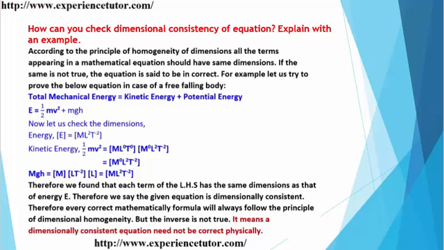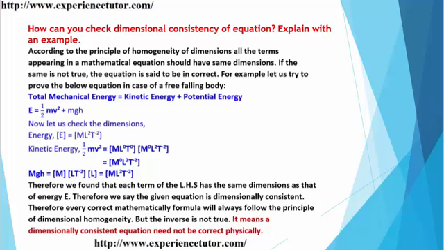Now, let us check the dimensions. Energy E is equal to ML^2 T^-2. Kinetic energy, half mv^2, after calculation we get M^0 L^2 T^-2. The potential energy mgh, after calculation we get the final result as ML^2 T^-2.